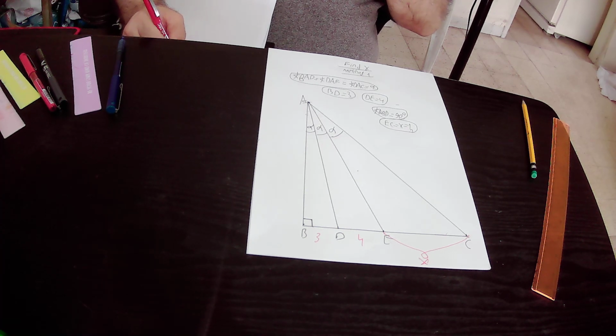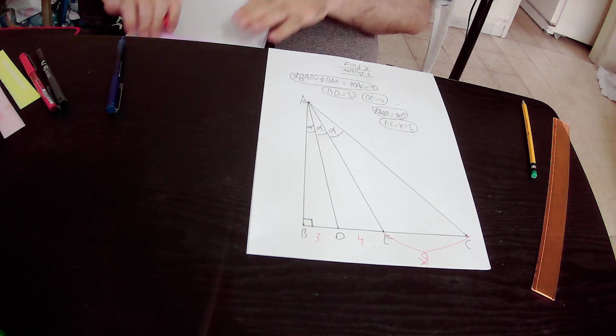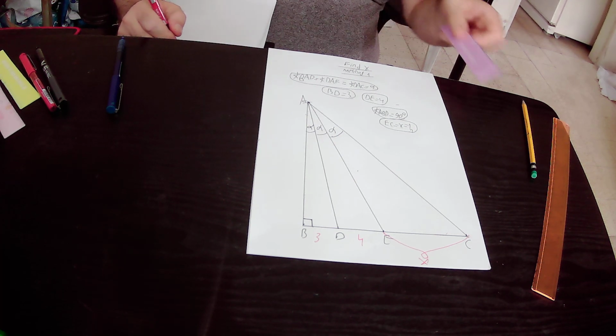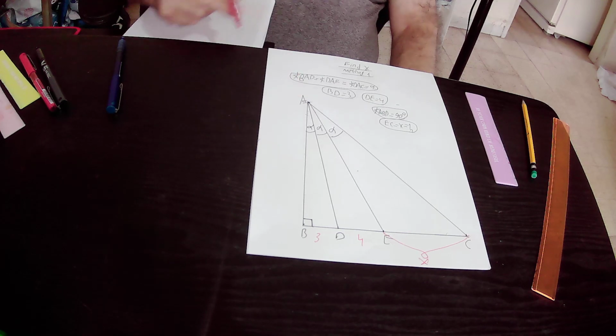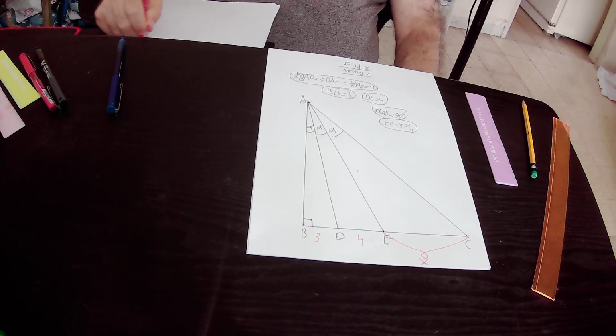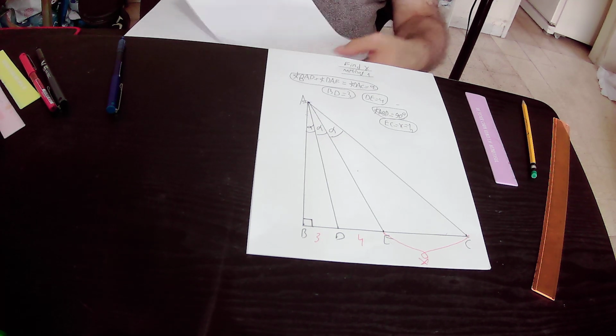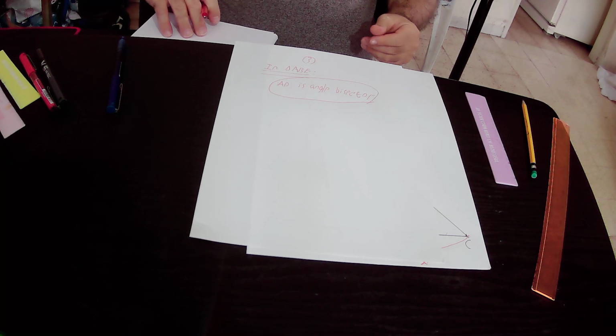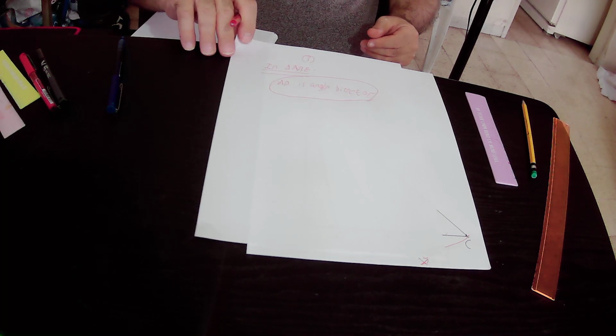In the right triangle ABE, we know that AD is an angle bisector. I will repeat again. In the right triangle ABE, AD is an angle bisector.